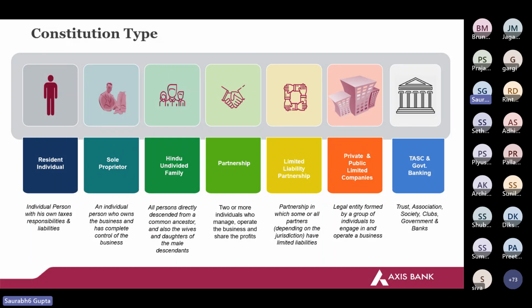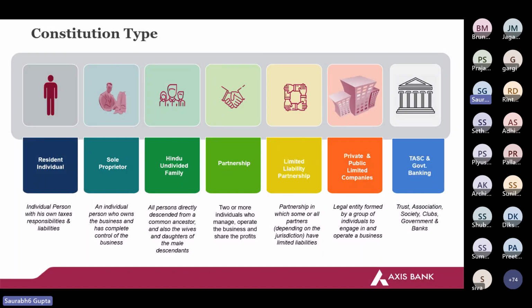Then there is an HUF, Hindu undivided family, where an ancestor of a single family owns that business. So we call them HUF. Then there's a partnership, where two or more people come together to manage and operate the business. In a limited liability partnership, a single person has limited ownership of that business.